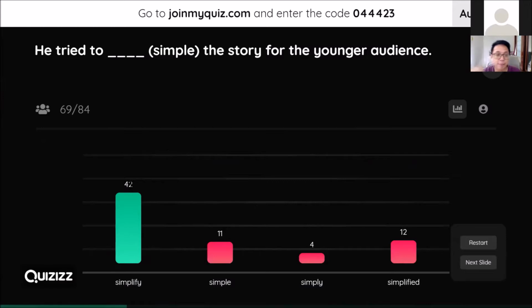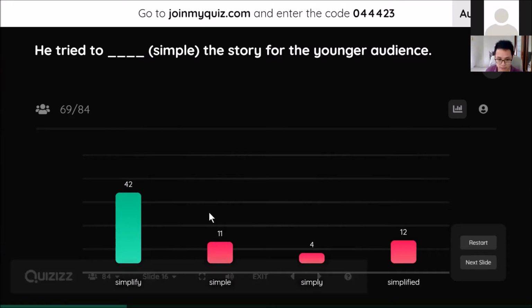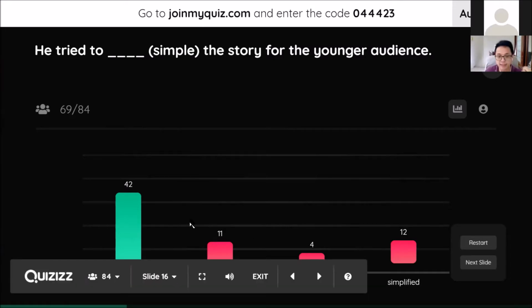So the answer is simplify, not simple, not simplified. So to infinitive 它后面的那个动词是原本的动词。Simple is not a verb, simple 是 adjective, 所以它的动词是 simplify. He tried to simplify the story.